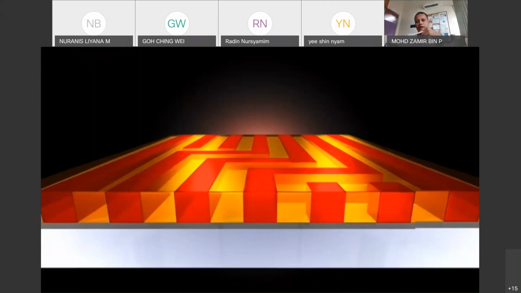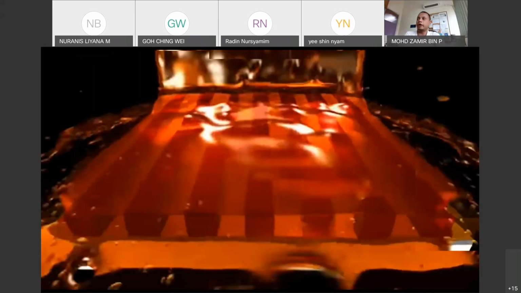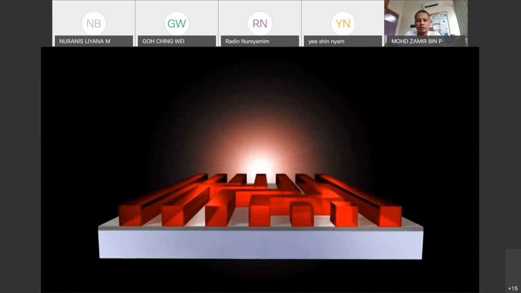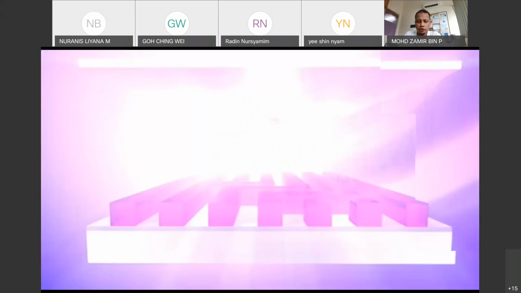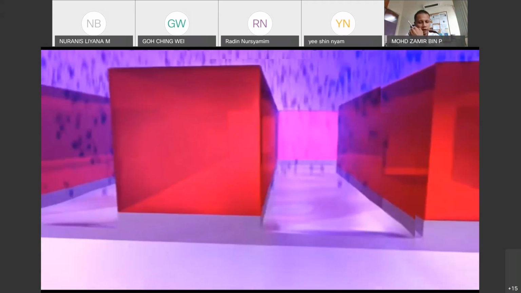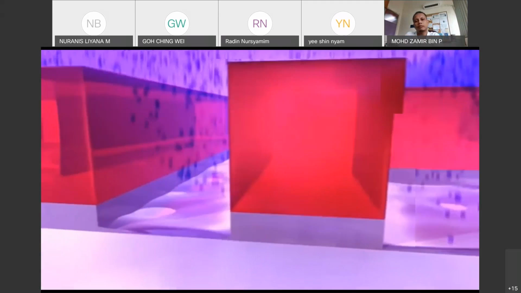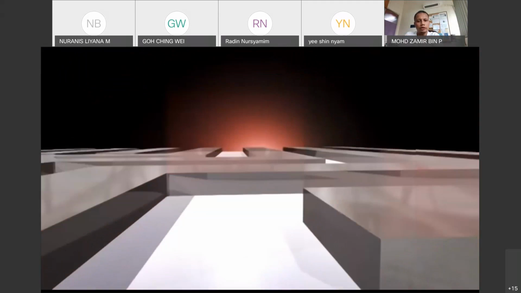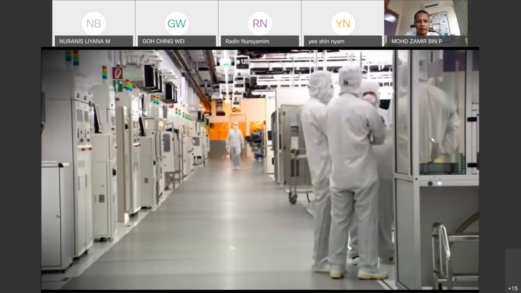So the red part there is actually the photoresist, which acts on exposure to the light. And then some parts are going to be exposed. Some parts are not going to be exposed due to the mask structure. And then you can remove certain areas selectively. Don't worry about the details yet. We're going to go through every single detail in every process.